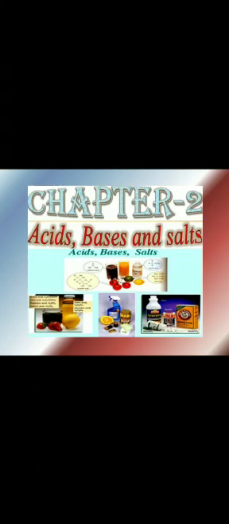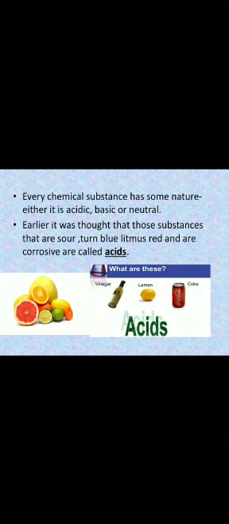Today, I'm going to take you through chapter 2, that is acids, bases and salts. Every chemical substance has some nature, either it is acidic, basic or neutral. Earlier, it was thought that those substances that are sour in taste, turn blue litmus red and are corrosive are called acids.